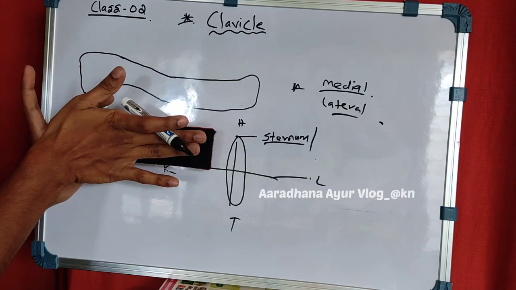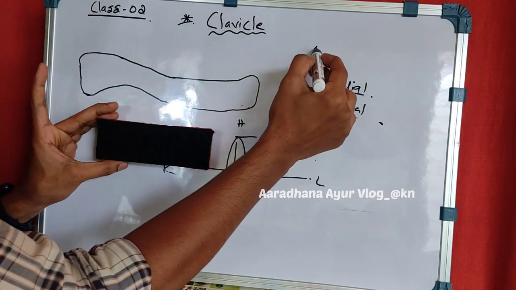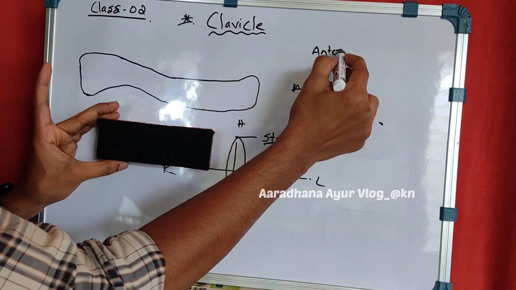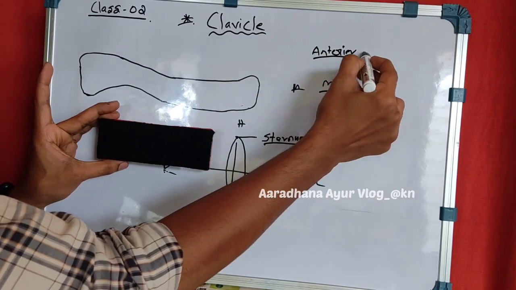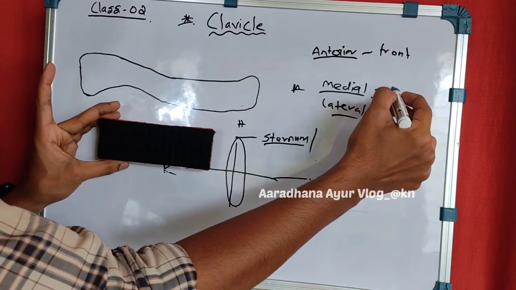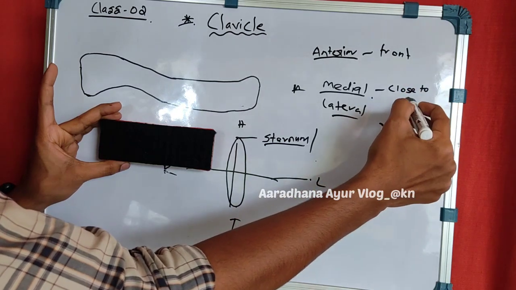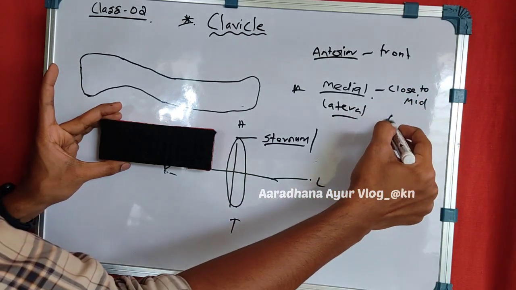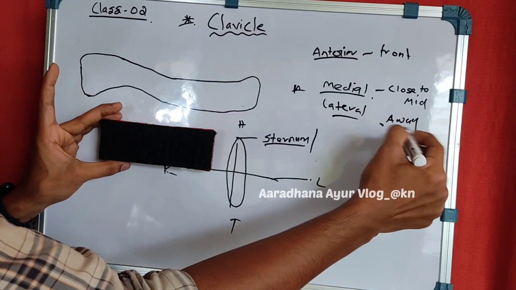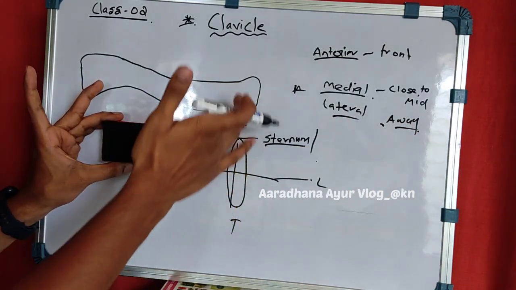The front side is known as the anterior part. We will be speaking anteriorly, that is the front. Medial is close to the midline, and away from the midline is the lateral part. So this is the midline of the sternum or of the body.